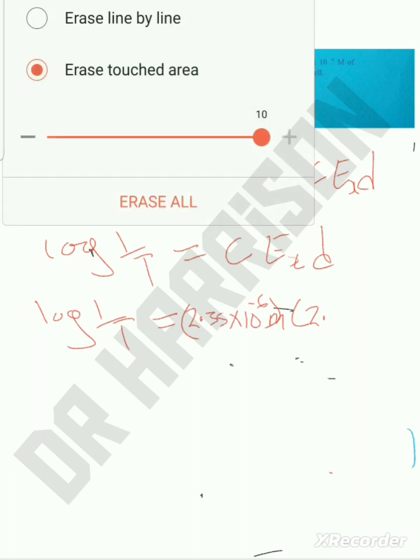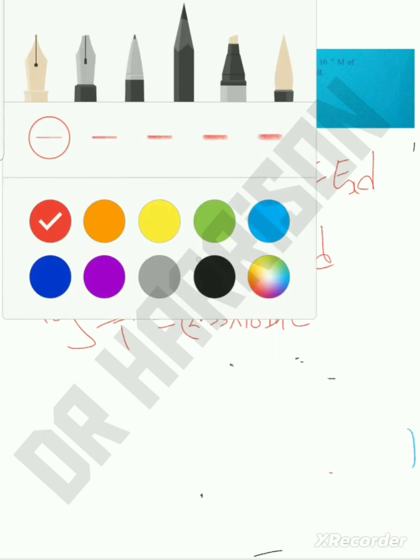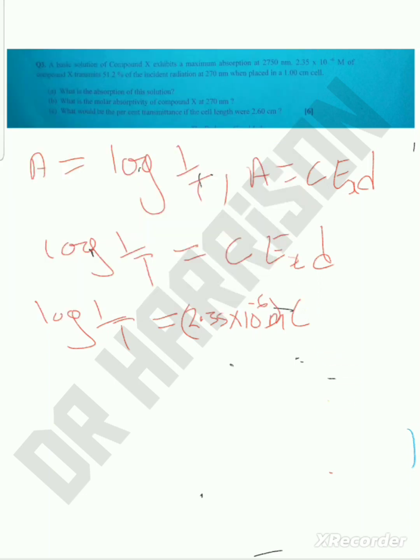Let me just erase this. So we had initially 1.237, let me just write it like this, times 10 to the power 5, then multiplied by our new diameter, which is 2.60 centimeters.